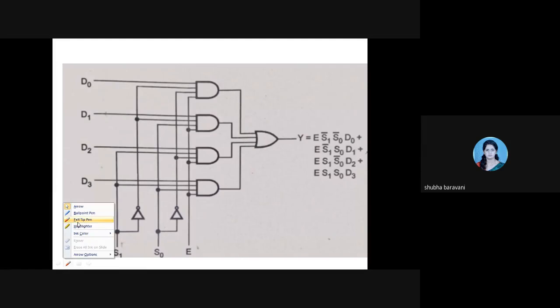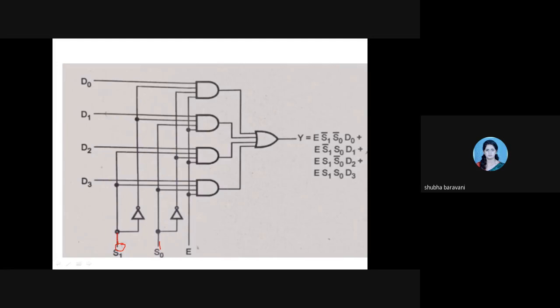Our second case is S0 is 1 and S1 is 0. Let's see what happens this time.